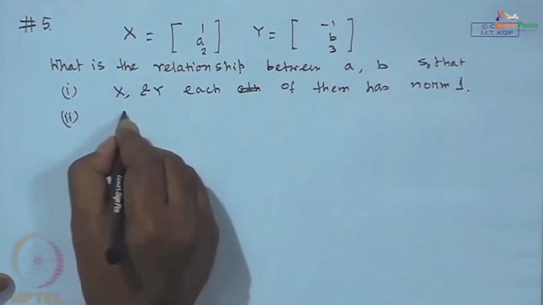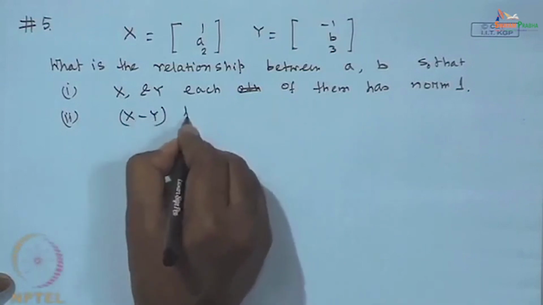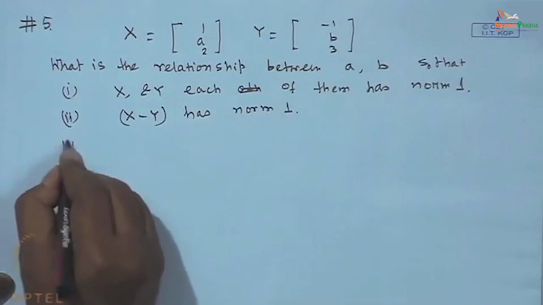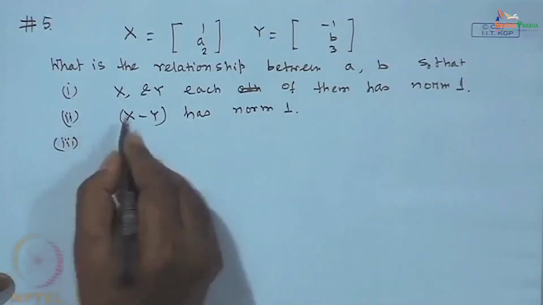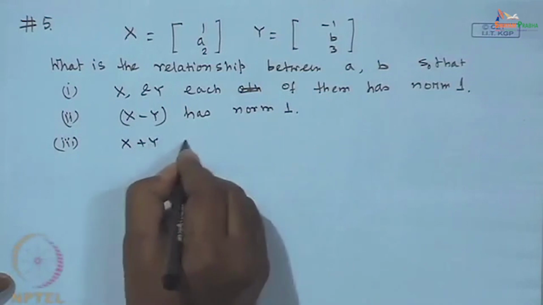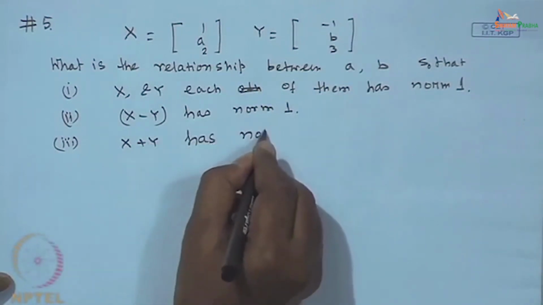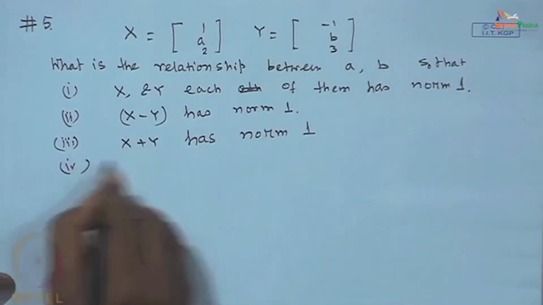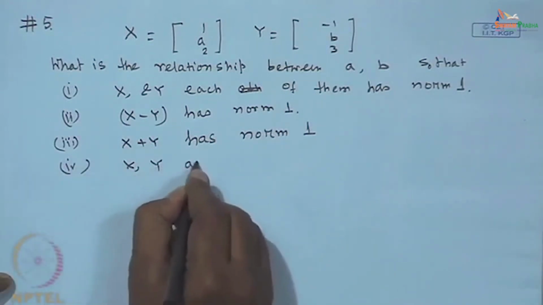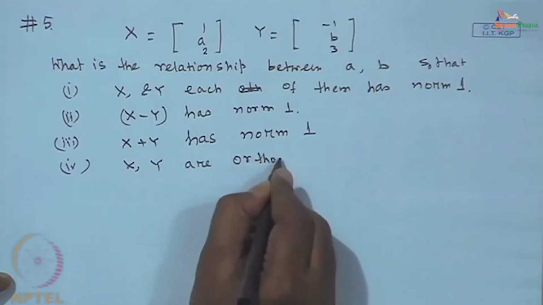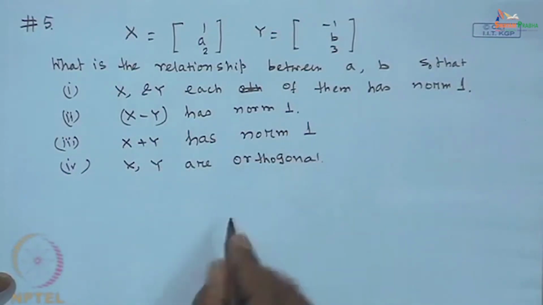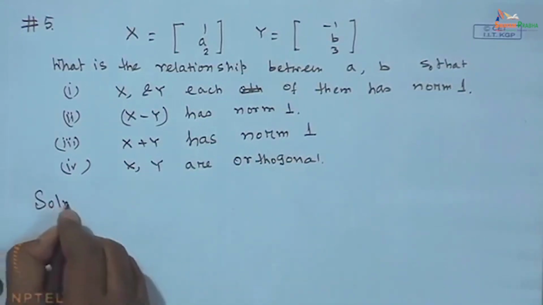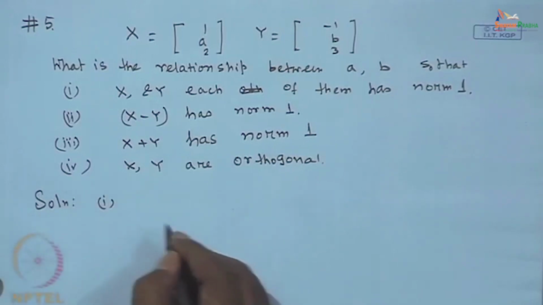Second, x minus y has norm 1. Third case, x plus y has norm 1. Last one, x and y are orthogonal. In each of these cases, what is the relationship between a and b? That is the question. So, let us look into the solution.